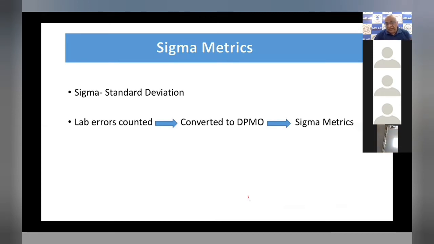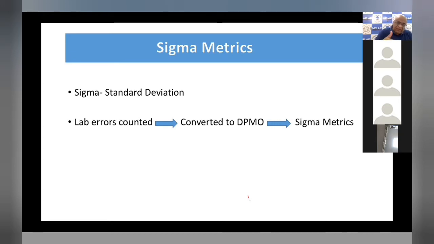Suppose we want to see unlabeled samples received in the laboratory. Suppose there are 10 unlabeled samples in 1,000 collected samples. So these are 10 errors.